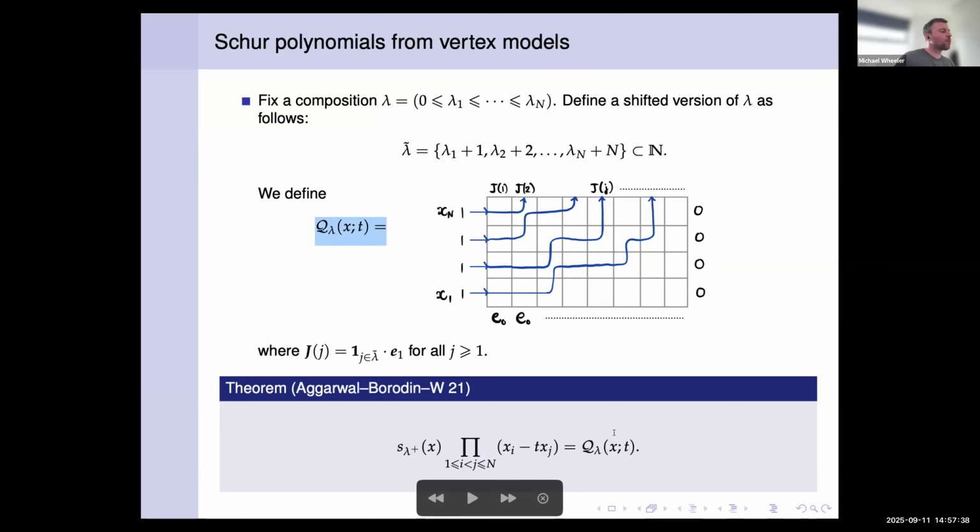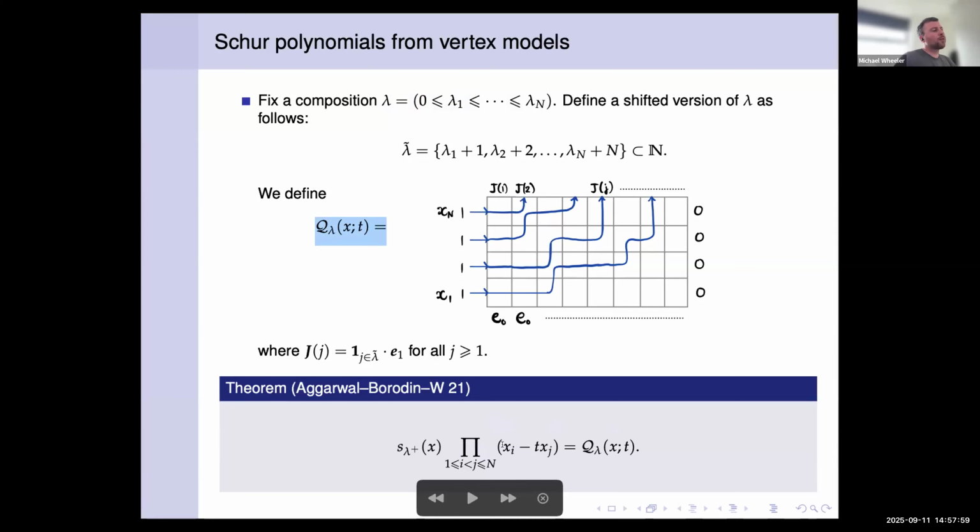And there is one subtlety here, which is actually not that obvious, which is that the model that I defined depends on the t parameter. So there is this quantum group parameter in terms of the vertex weights. However, Schur polynomials do not have any quantum parameter. So a kind of miracle needs to happen here.